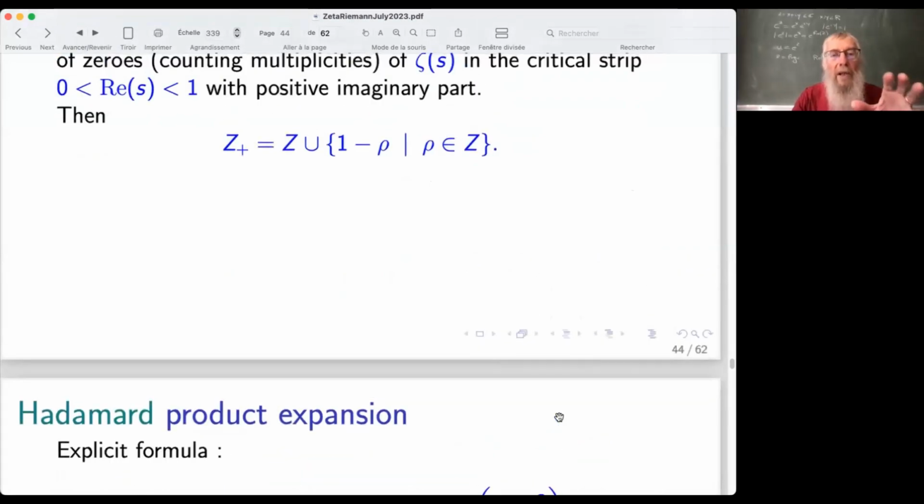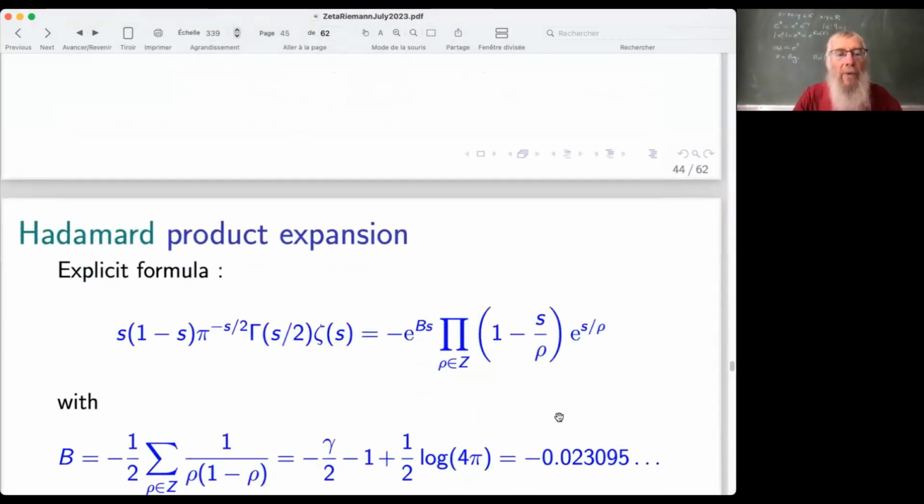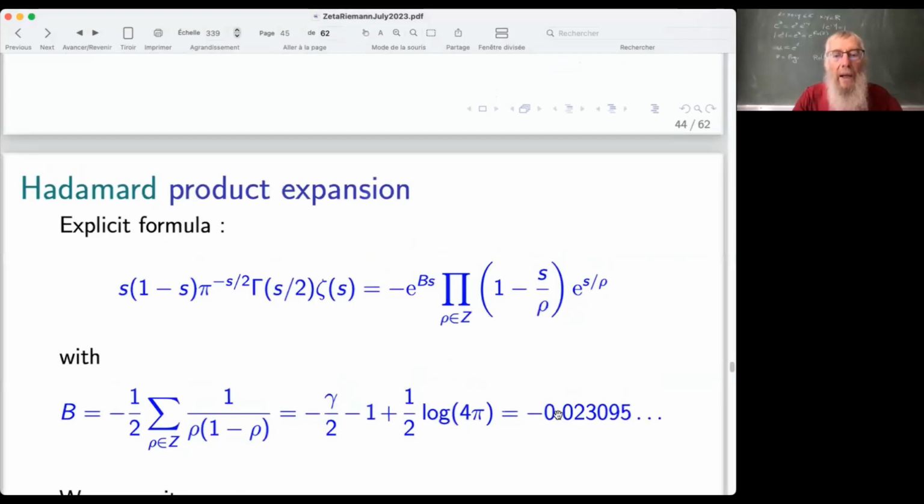So this gives a connection between the zeros which have a positive imaginary part and the ones with a negative imaginary part. So Z is the set of all zeros.